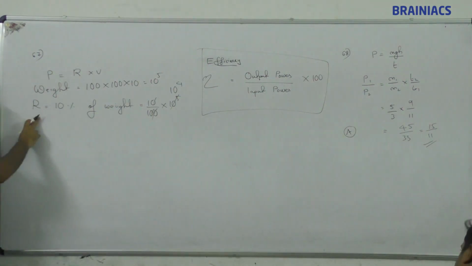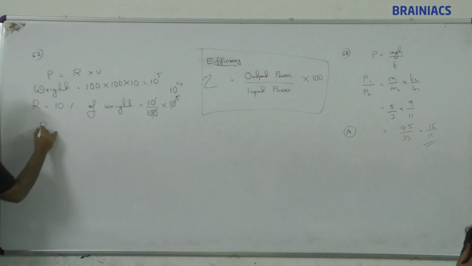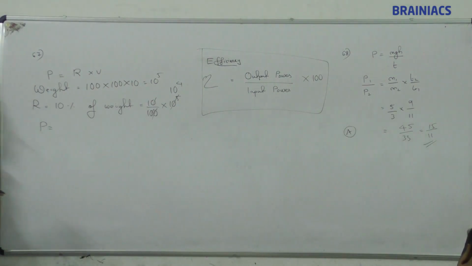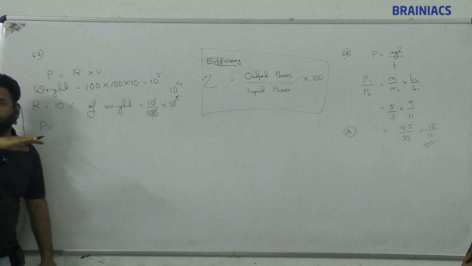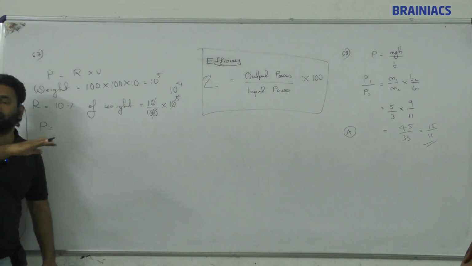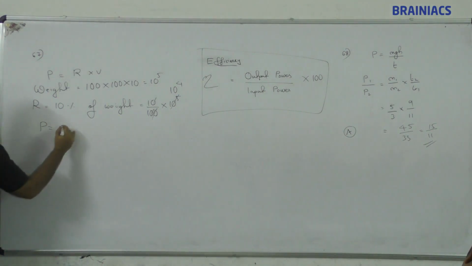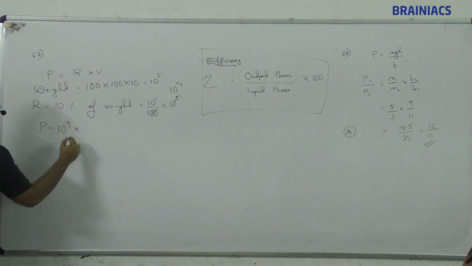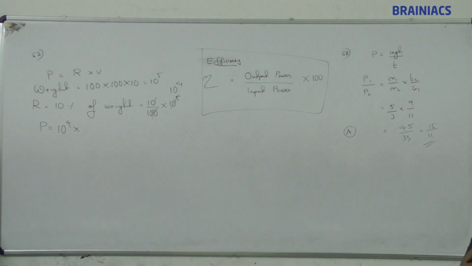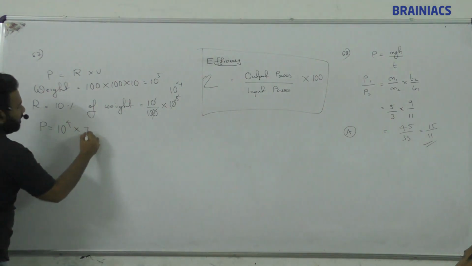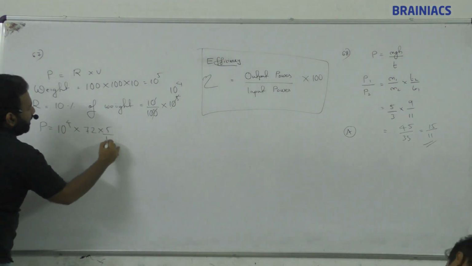Now we need to consider only R here. So power is equal to R, that is the resistance of the road or resistance of the air, only that we need to consider. So this is going to be 10 raised to 4 into the velocity, what is the velocity, children? 72 into 5 by 18.